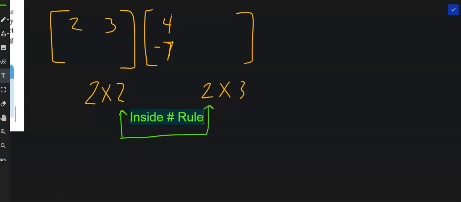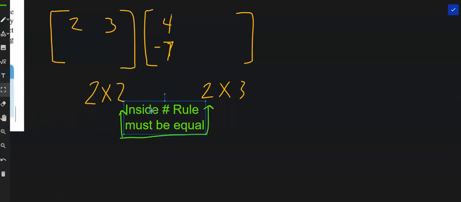In order for you to even be able to do matrix multiplication, inside numbers must be equal. If those two things are not equal, what's your answer going to be? No solution.